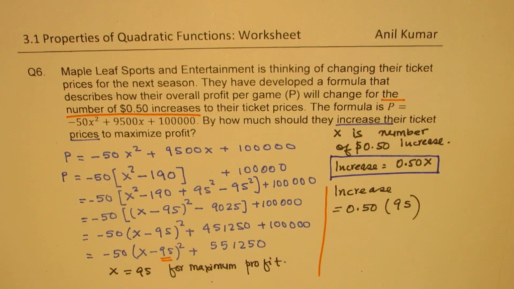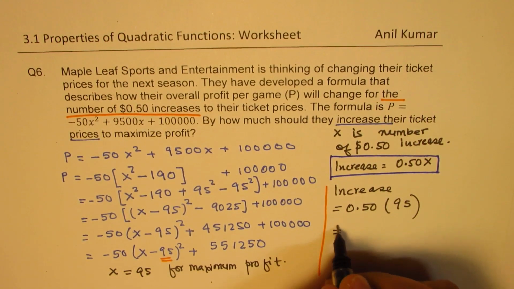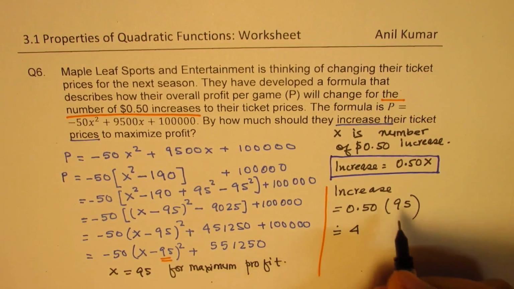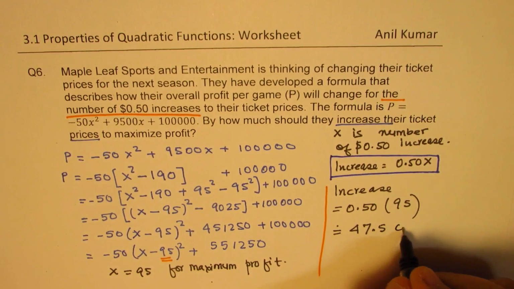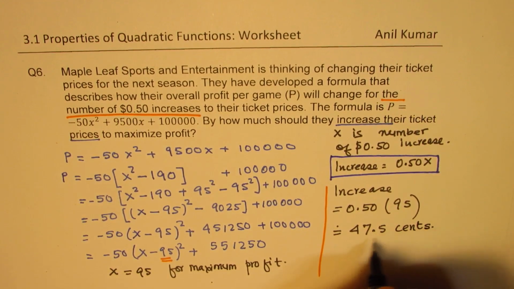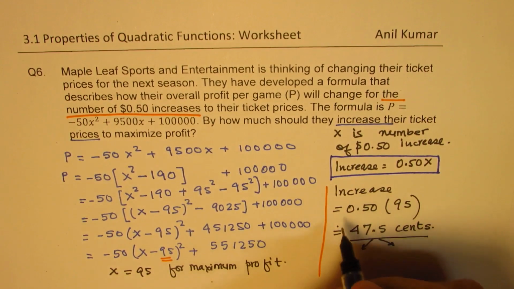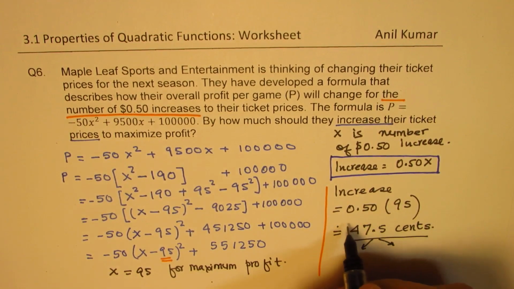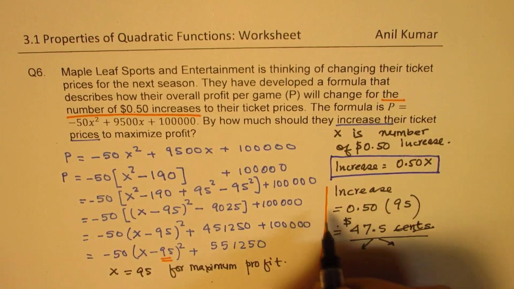So half of $95 is 47.5, which is approximately 47. Sorry, that is in dollars, not in cents.